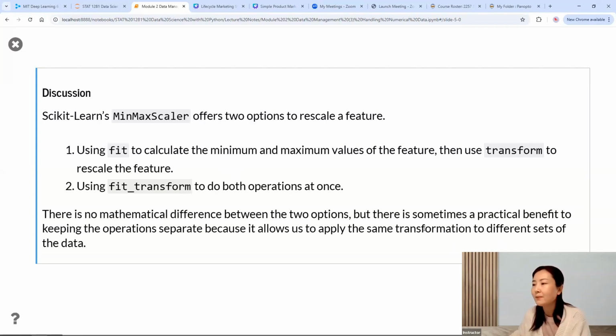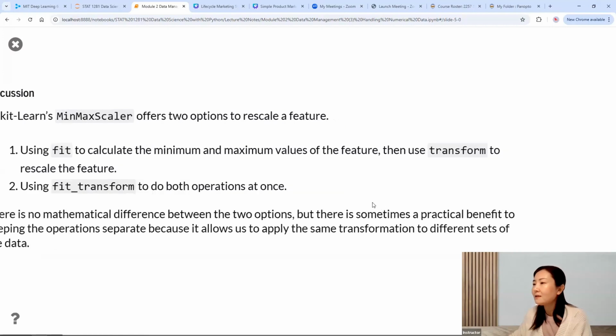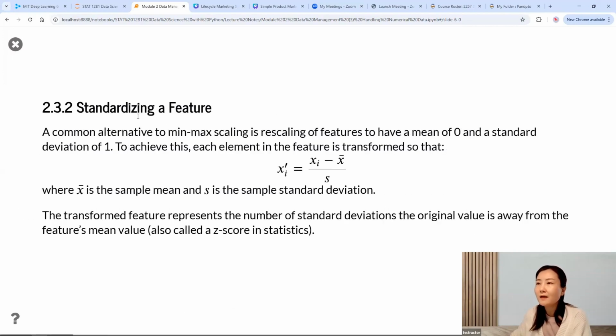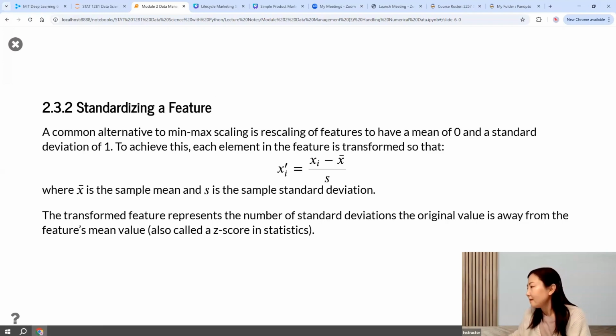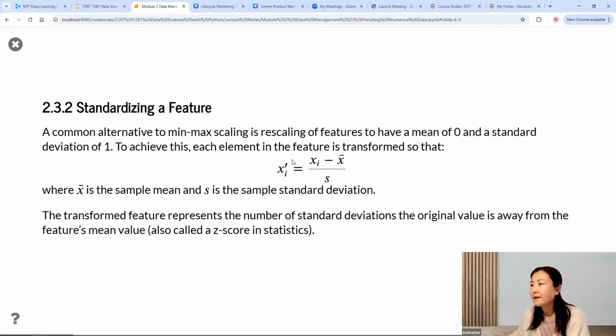If we use, for example, the standardizer, then the fit method will calculate the mean and standard deviation of each column. The fit part will calculate some statistics.